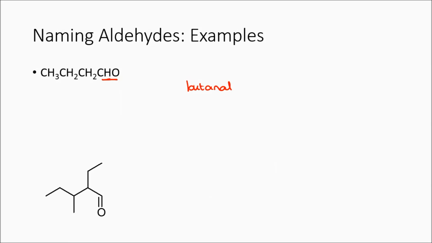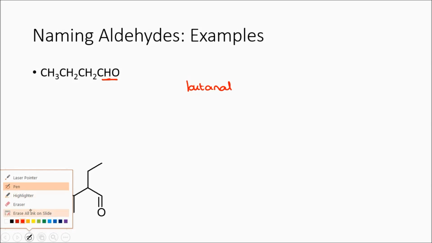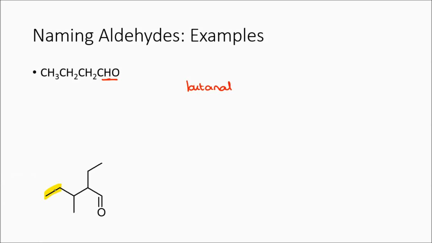Let's look at this one now. The longest chain here would be this one. This is the longest carbon chain. And if I label the numbers 1, 2, 3, 4, 5, this is a pentane chain, and so this is pentanal.